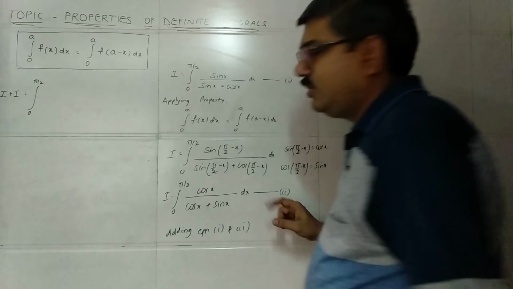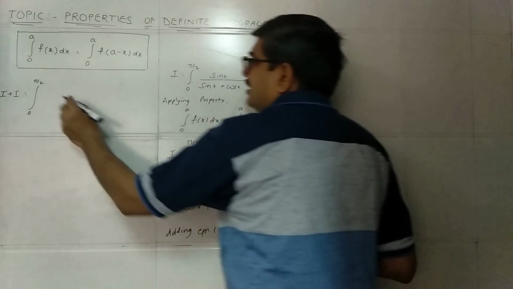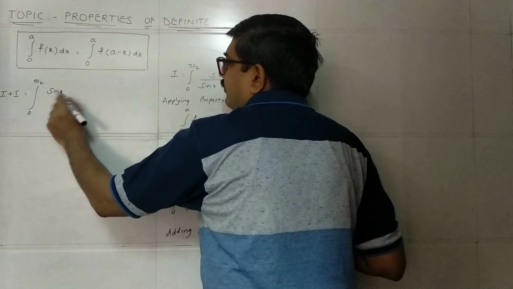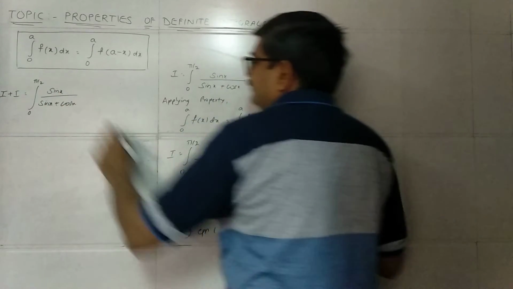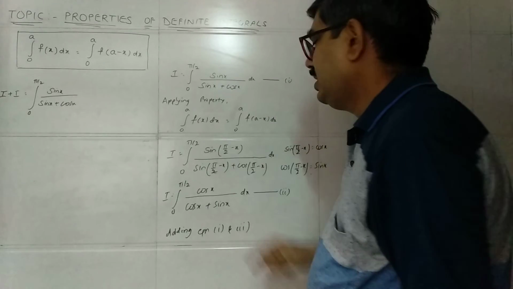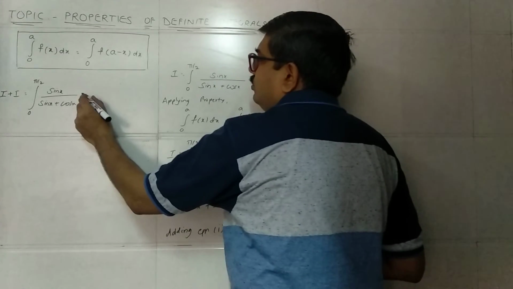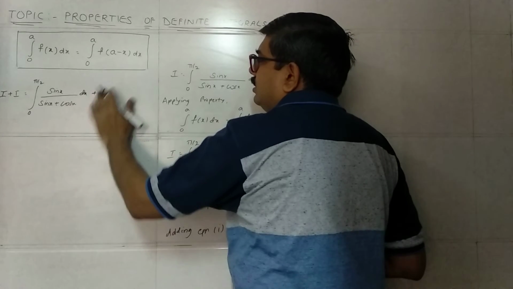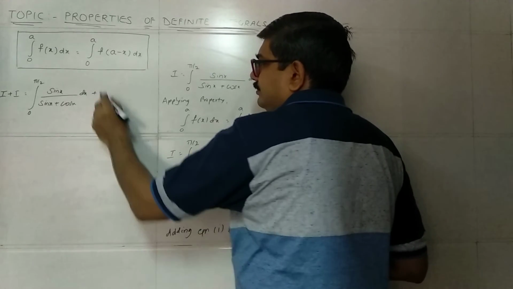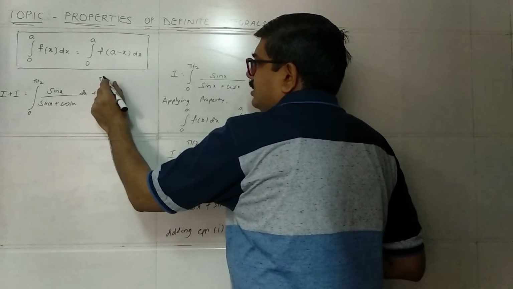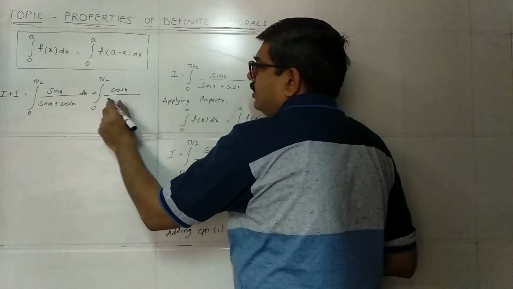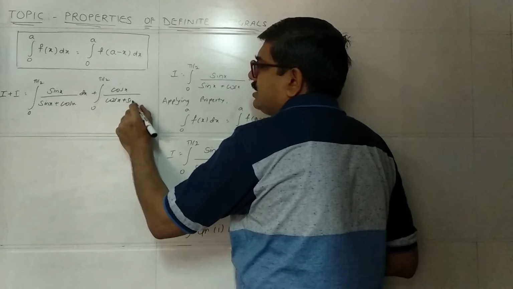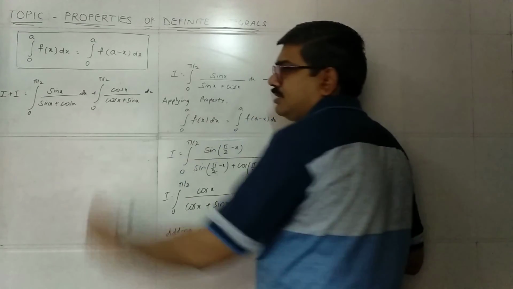In equation number 1, the RHS fraction is sin x upon sin x plus cos x. See here. And in equation number 2, integral 0 to pi by 2, the fraction is cos x upon cos x plus sin x dx.